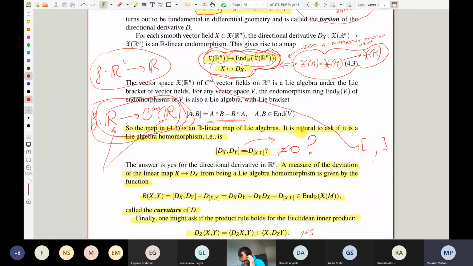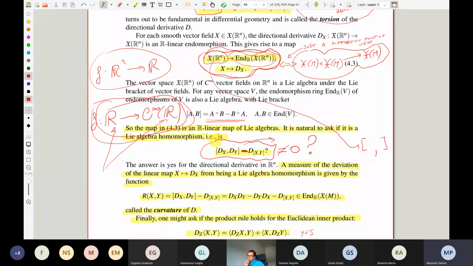If it is different from 0, then this quantity is measuring how much the structure is not preserved. Well, this quantity should be, drum roll, the quantity we were looking for.